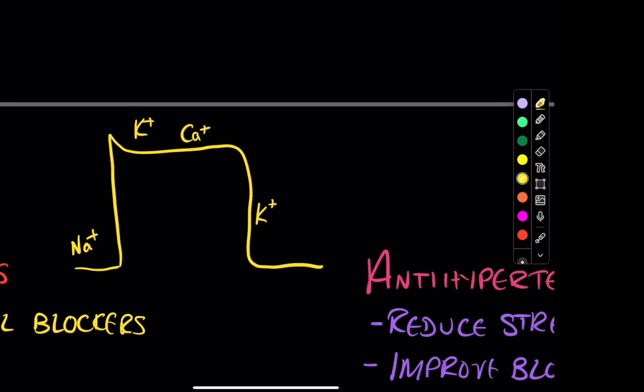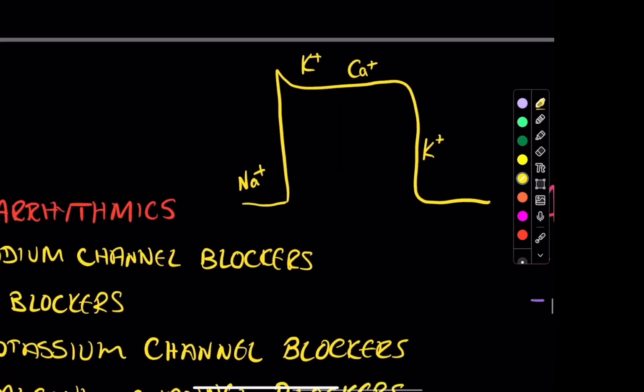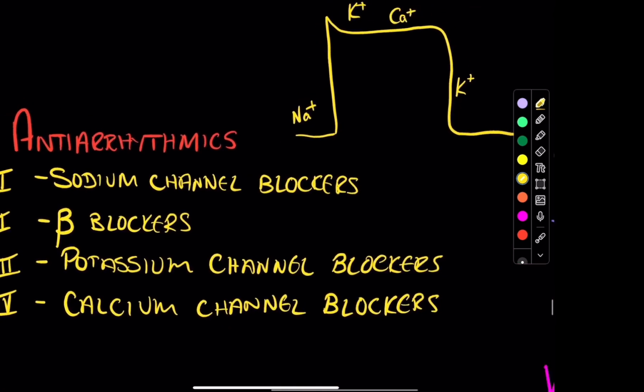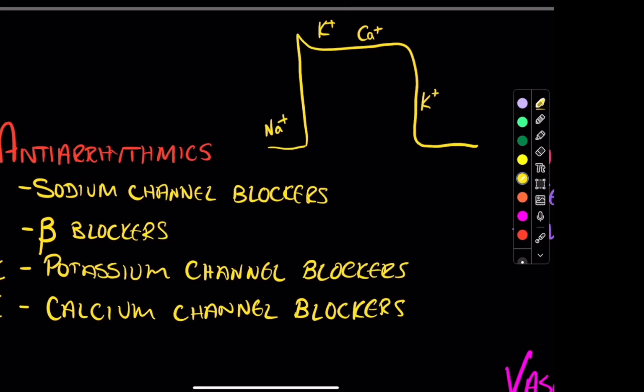So when you're looking at these ions moving across the membrane, say if you're blocking sodium channels, so that would be right here where the sodium goes into the cell.